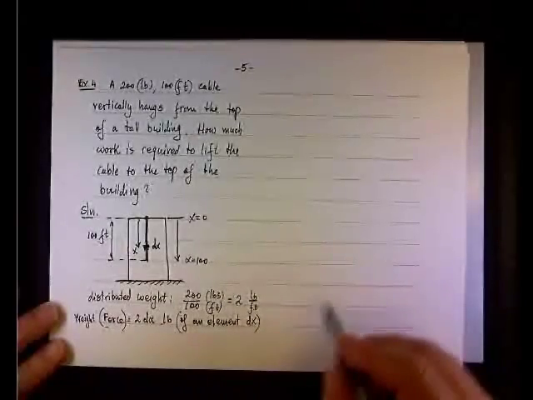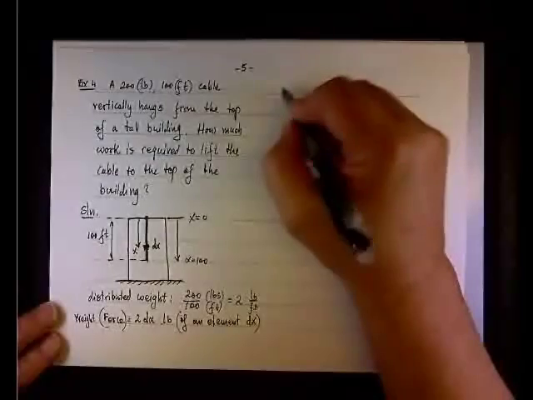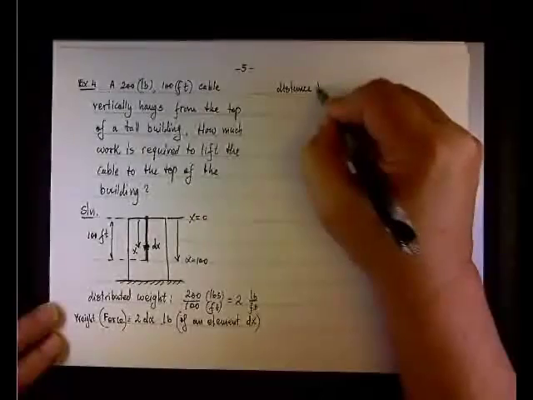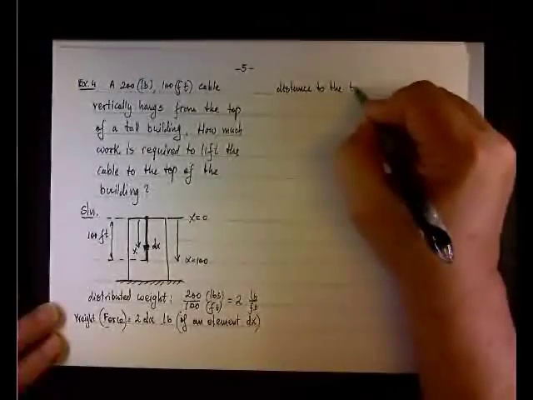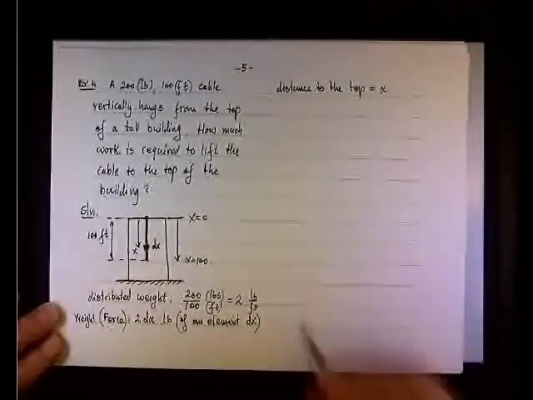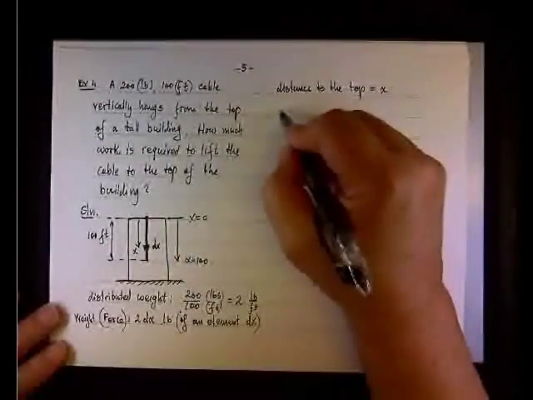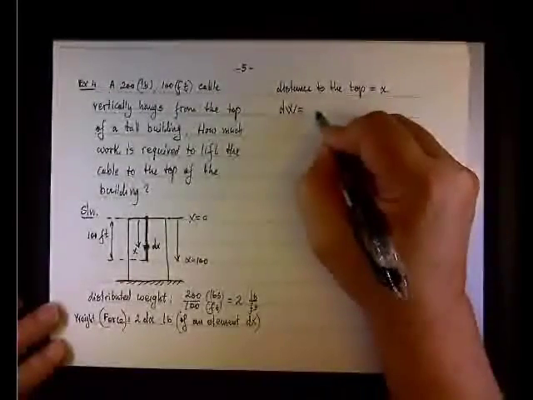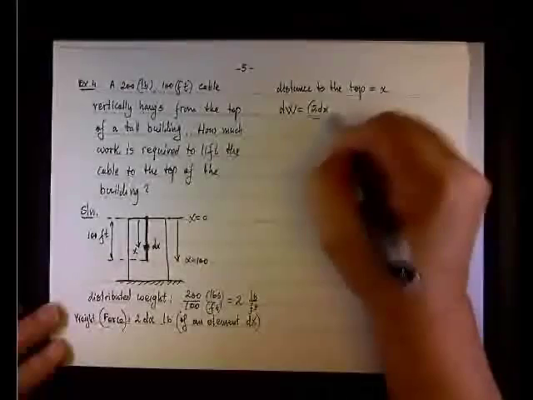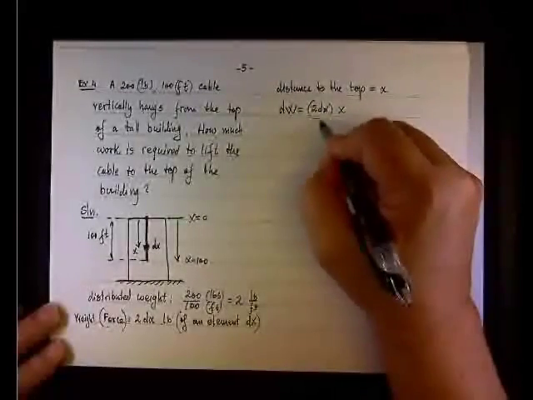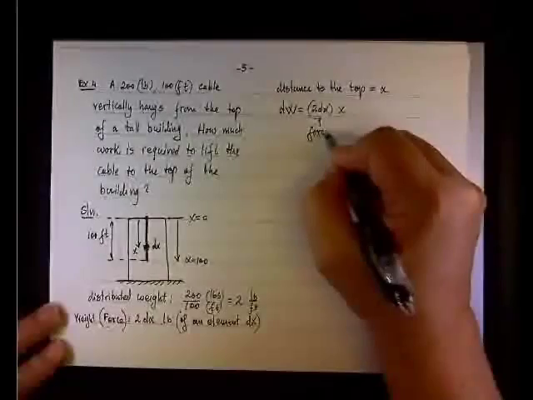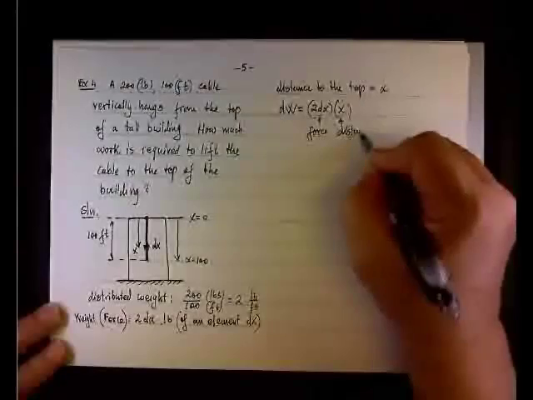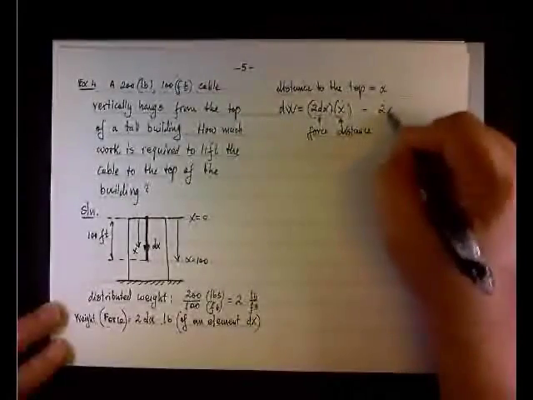It's 2 dx. And now the distance to the top equals x. So dw will be the force, which is 2 dx, times x. Okay, so this is force and this is distance. And we can rearrange it as 2x dx.